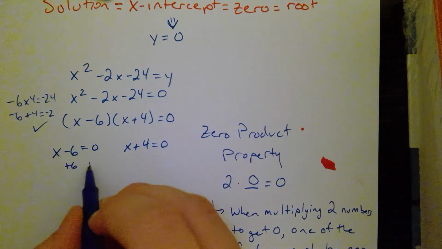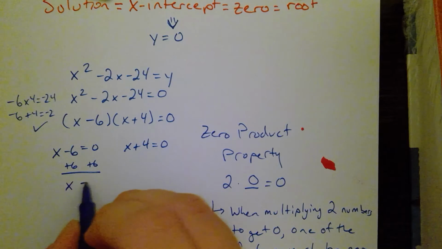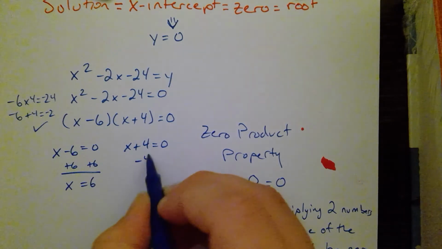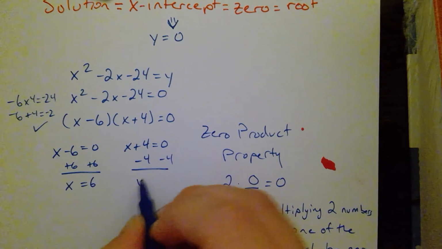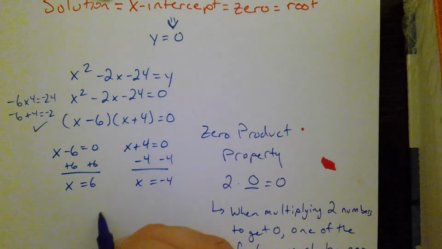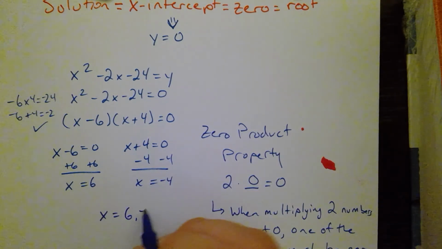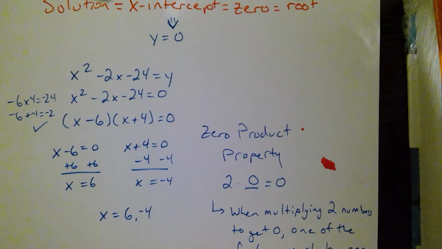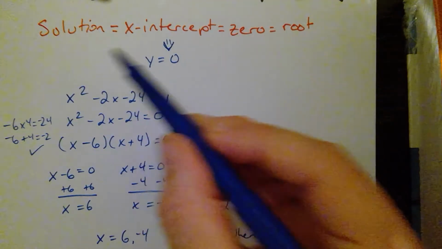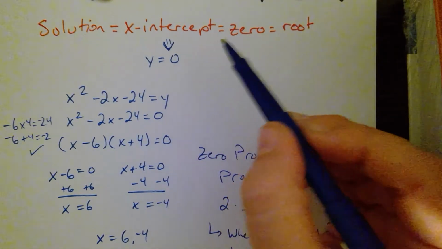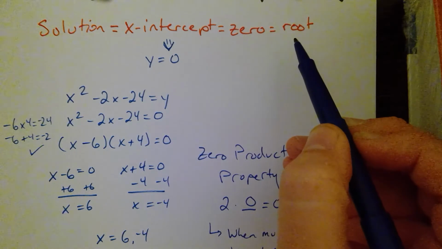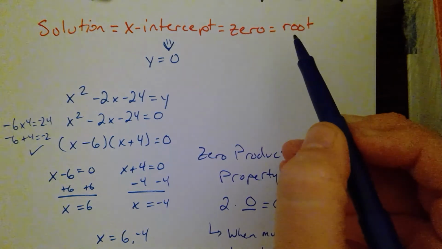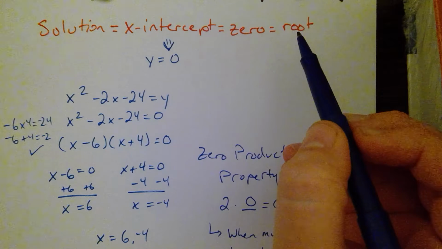So plus 6, x equals 6, minus 4, x equals negative 4. So we would say that x equals 6 and negative 4. Those are our solutions. Those are our x-intercepts. Those are our zeros. Those are our roots. Okay? They are all the same word.